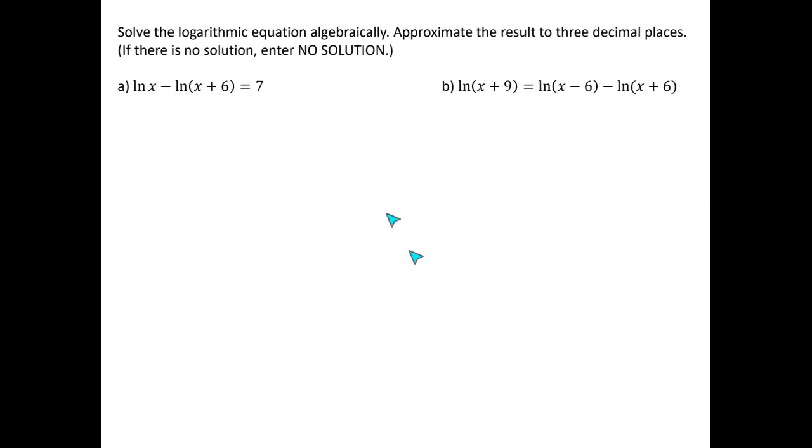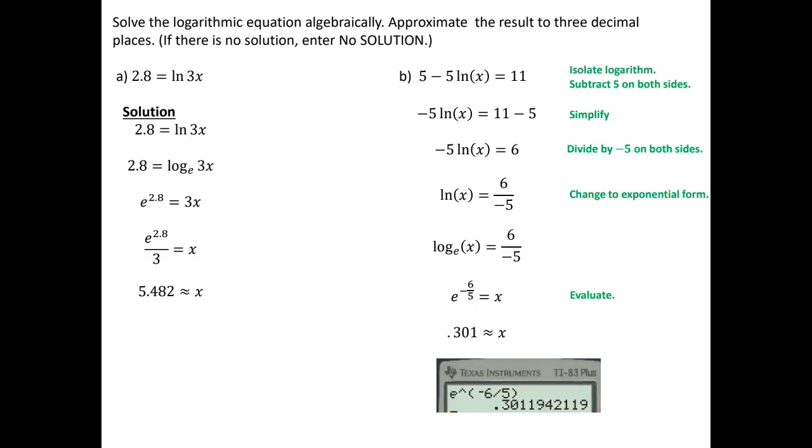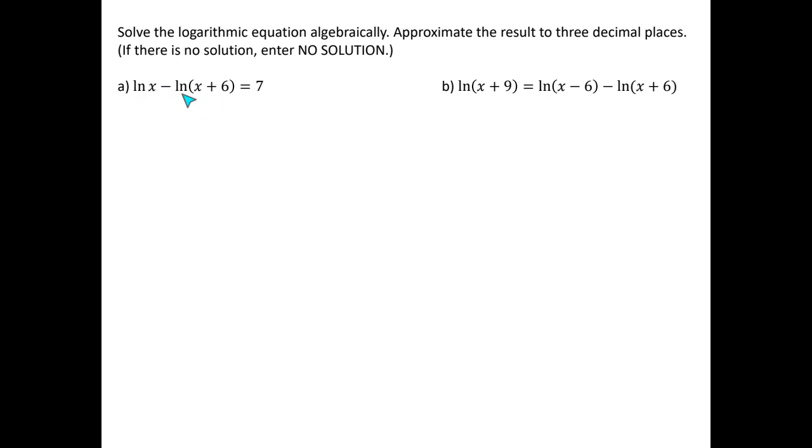All right, so the next one is getting more and more logs in there, right? On the previous page, we were able to do this process because we only had one log on one side. So here, maybe we should move one of the logs over, or we can use properties to make it into one log.